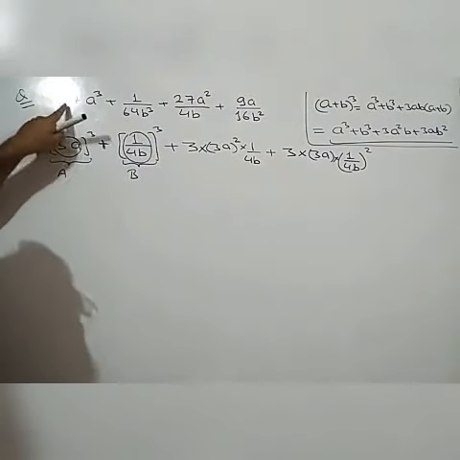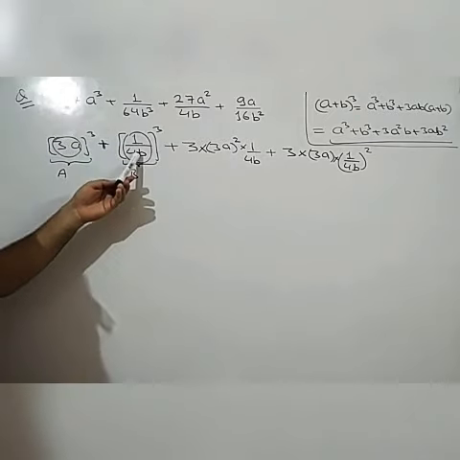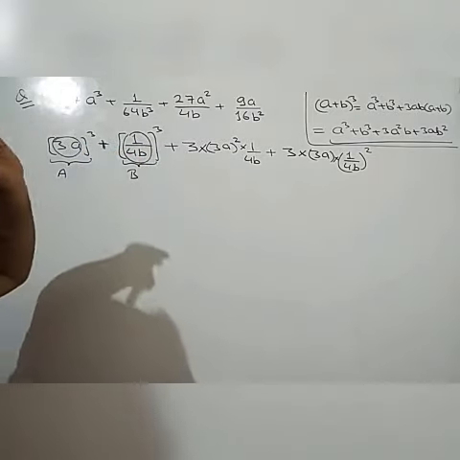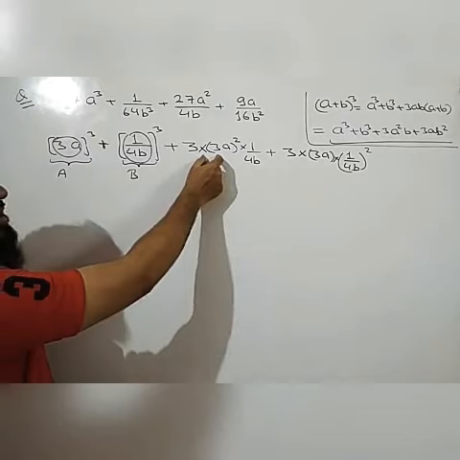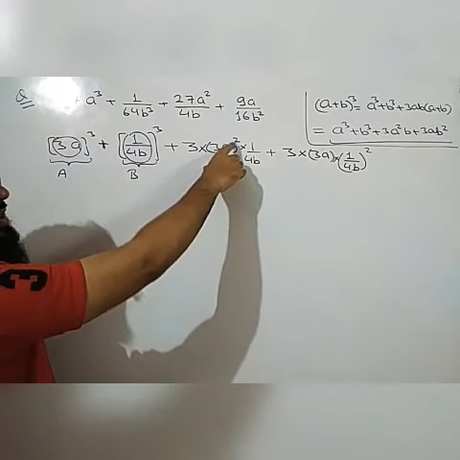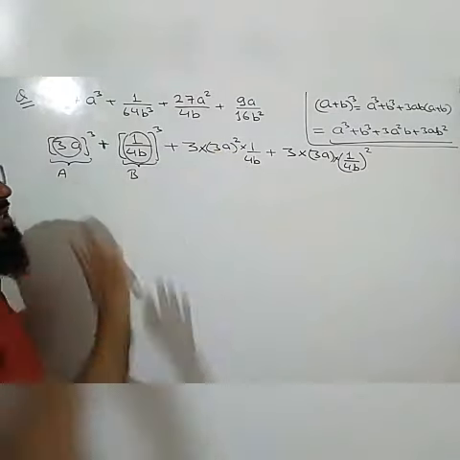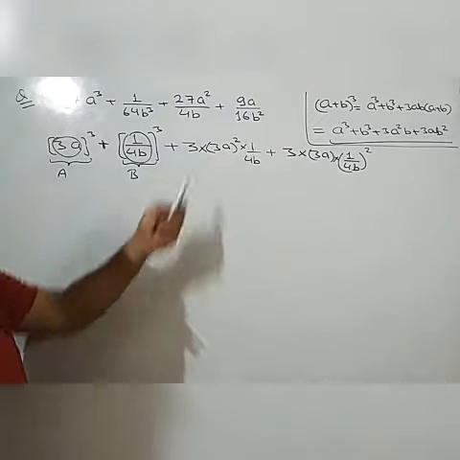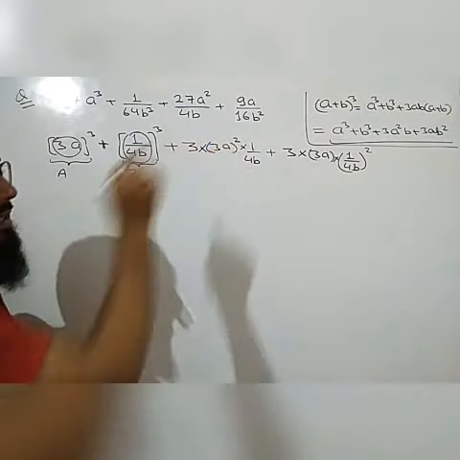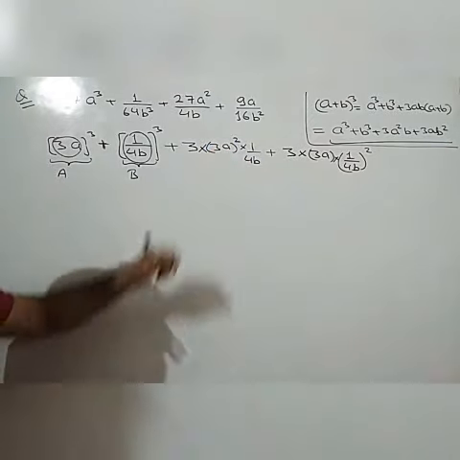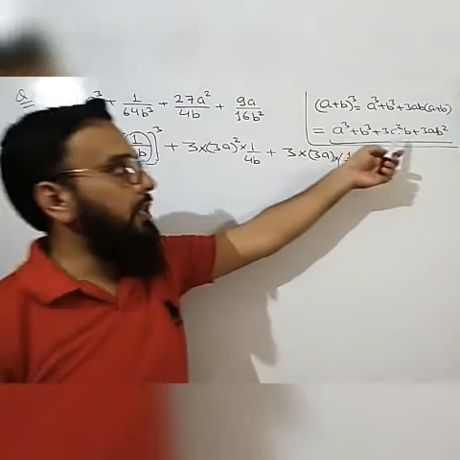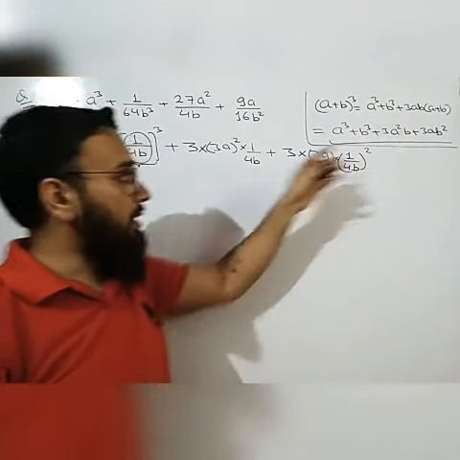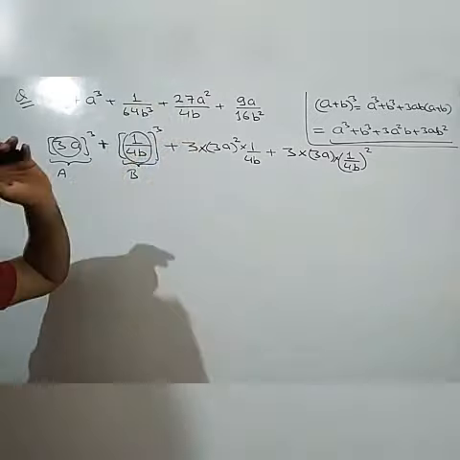So 3a whole cube is 27a cube, 1 upon 4b whole cube is 1 upon 64b cube. Now what will be the value of this term? 3 into 3a square will be 3 3s are 9, 3 9s are 27a square upon 4b. It means this term is the same as it is, only it is converted in the form of the given identity 3a square b. The value of this term is same as the question.